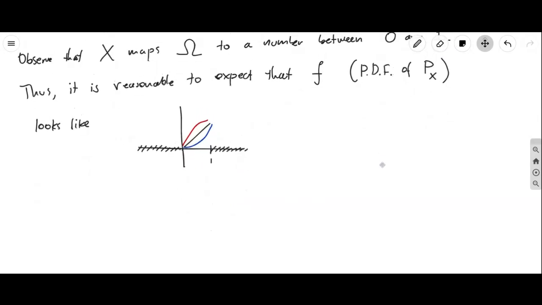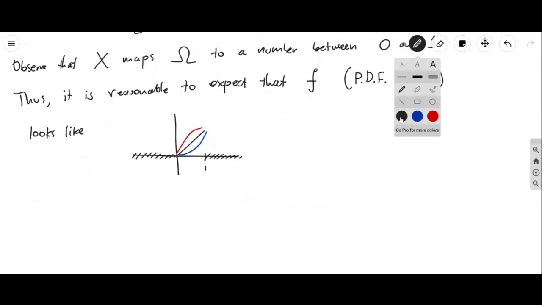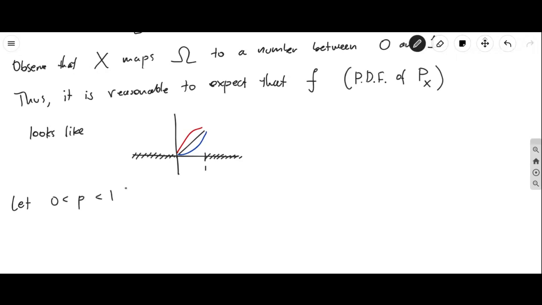So here's what we're going to do. Recall, let P be a point between 0 and 1. F of P, what does F of P mean?